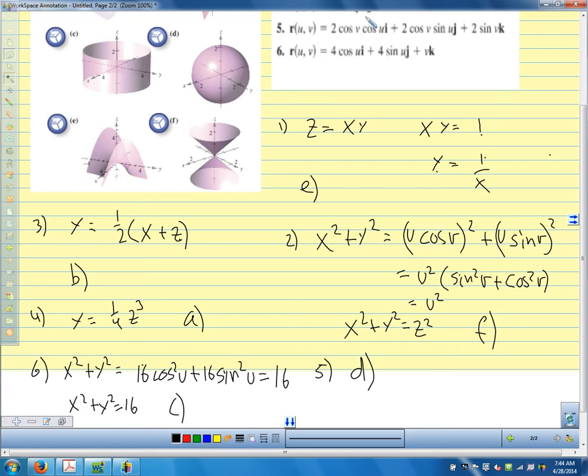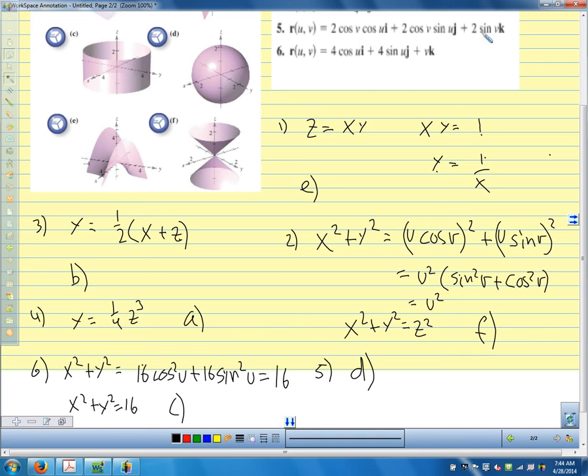So it's not cosine v, it's sine v. Are they switched around? Oh, it is sine v for the k component. So it's like spherical coordinates, except it's coming out of the axis. Right.